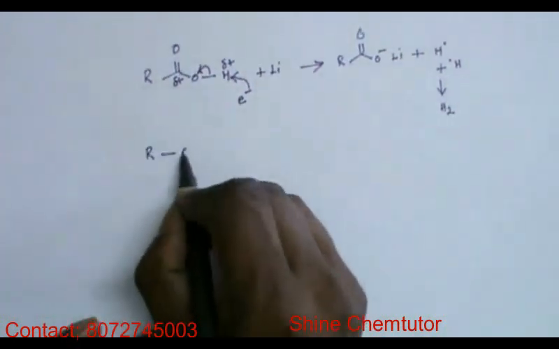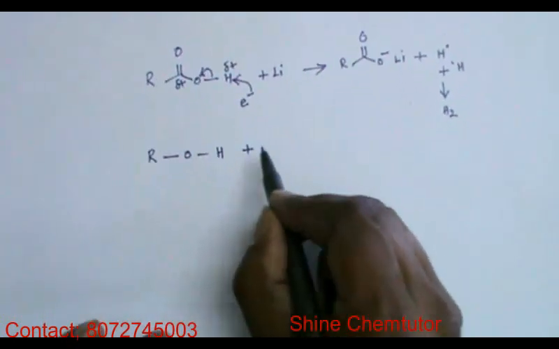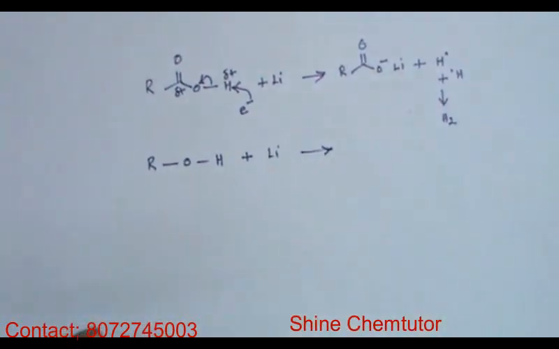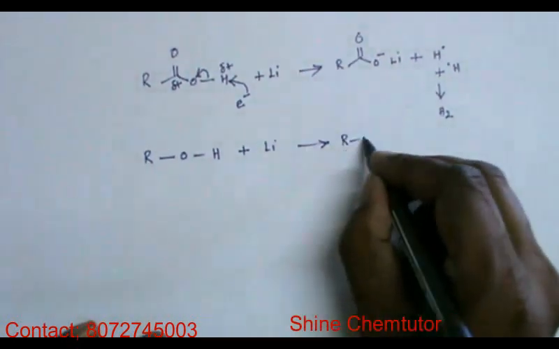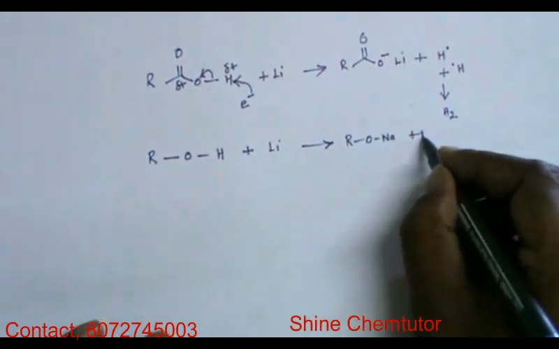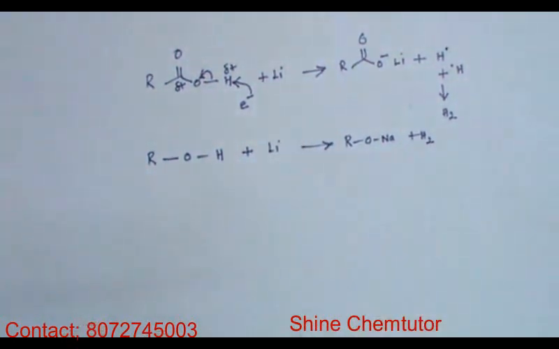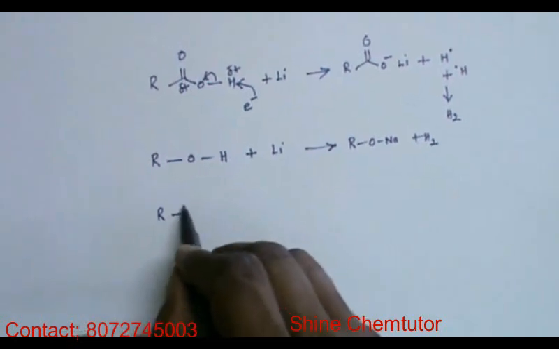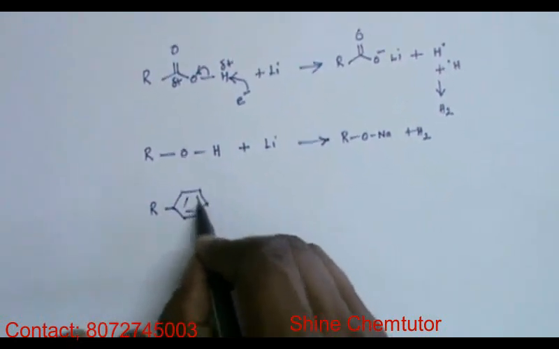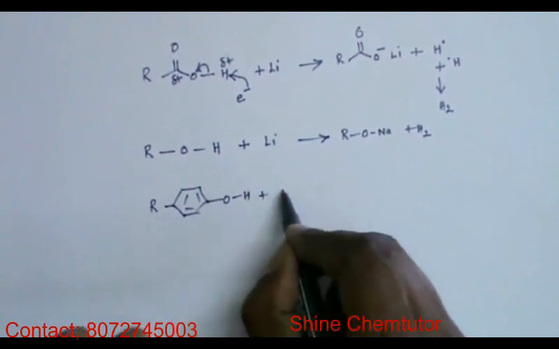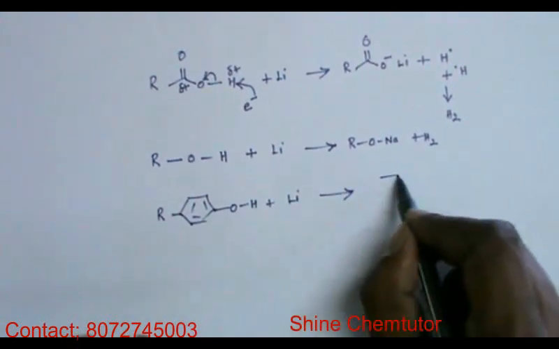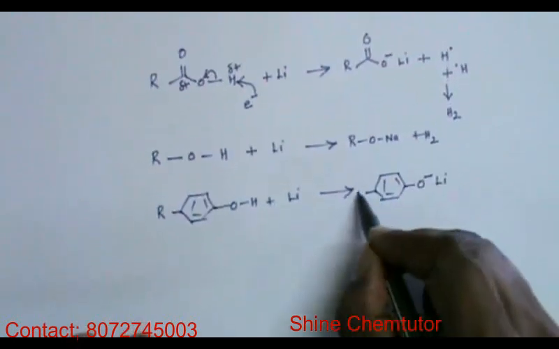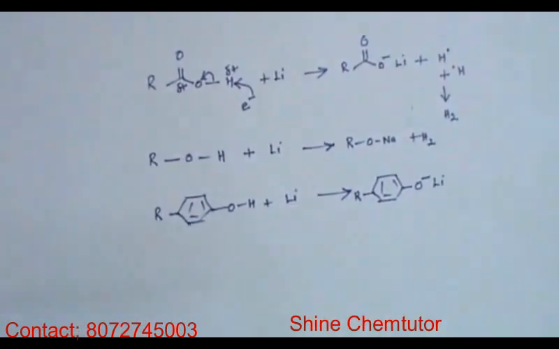Not only this, even if you go for alcohol and add lithium or sodium, the same reaction will take place. What you get is liberation of hydrogen. Suppose you add this to phenol, you will get phenoxide.